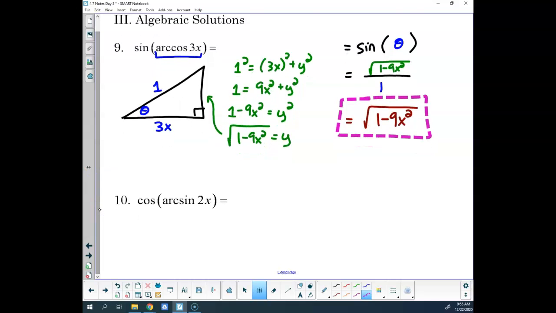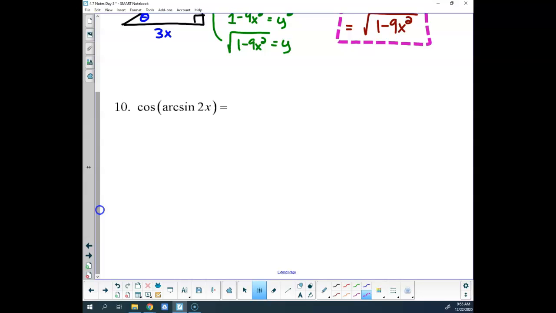Let's try another one like that, where we get some algebraic type ones. So we've got the arc cosine of 2x, positive in quadrant 1. Sine is opposite over hypotenuse.